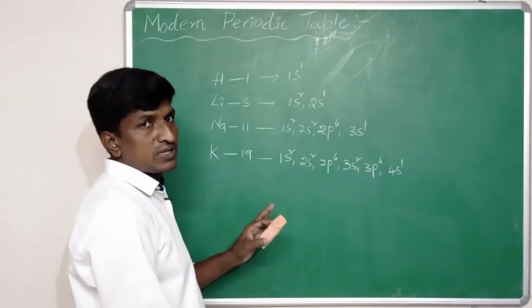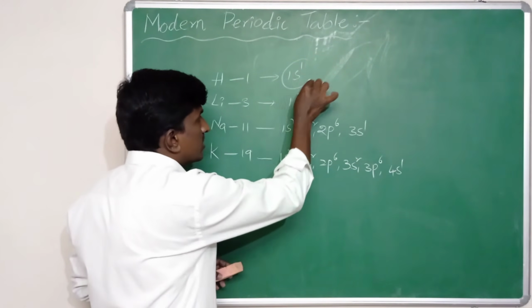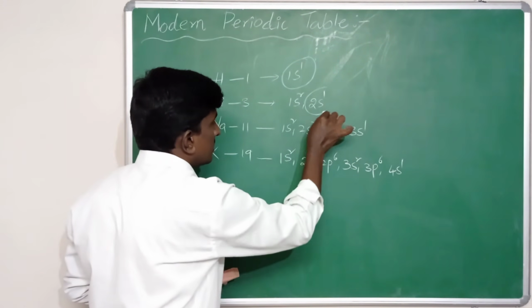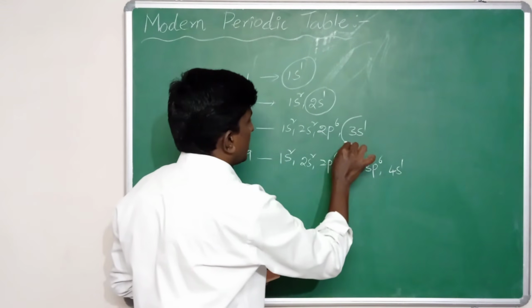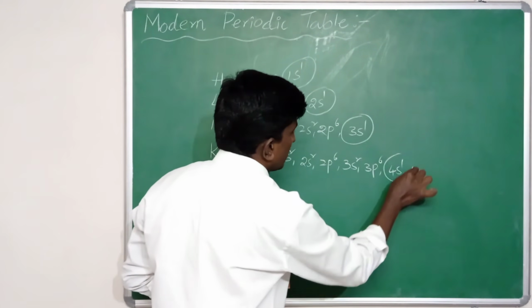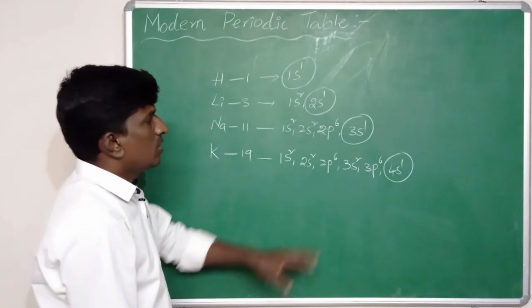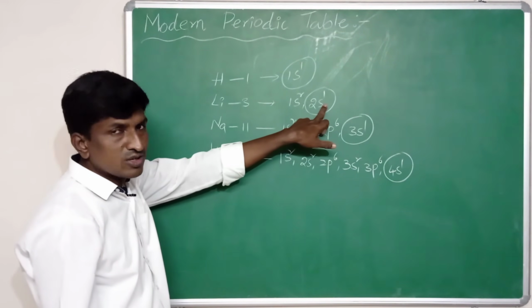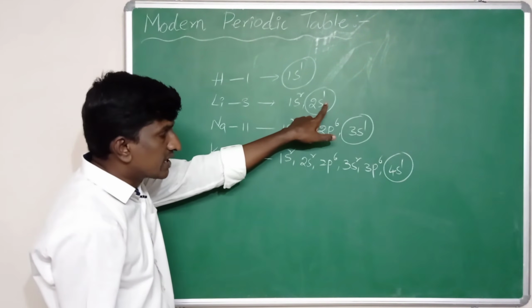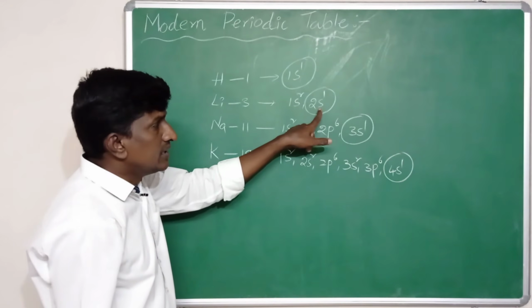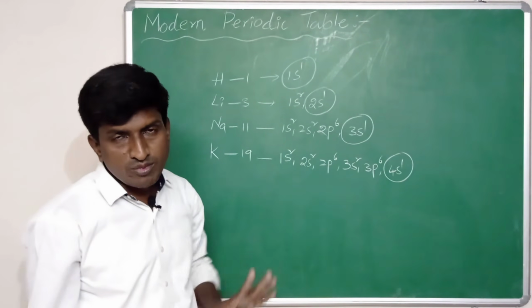Here, if you observe the outermost electronic configuration in hydrogen, lithium, sodium and potassium, the last electron, the differentiating electron, ends up as one electron in the s orbital.